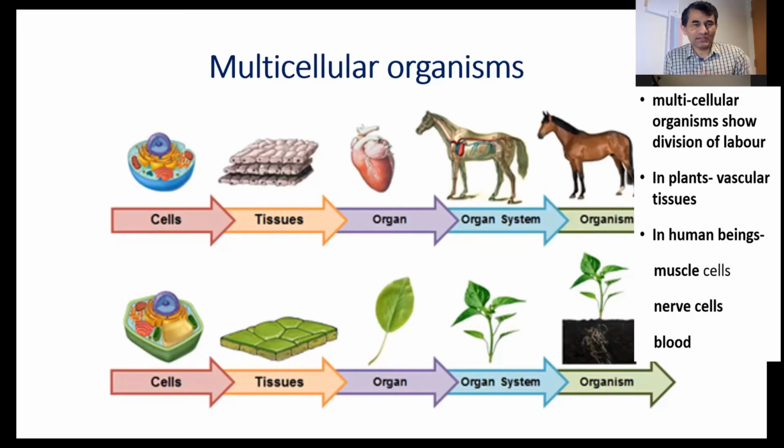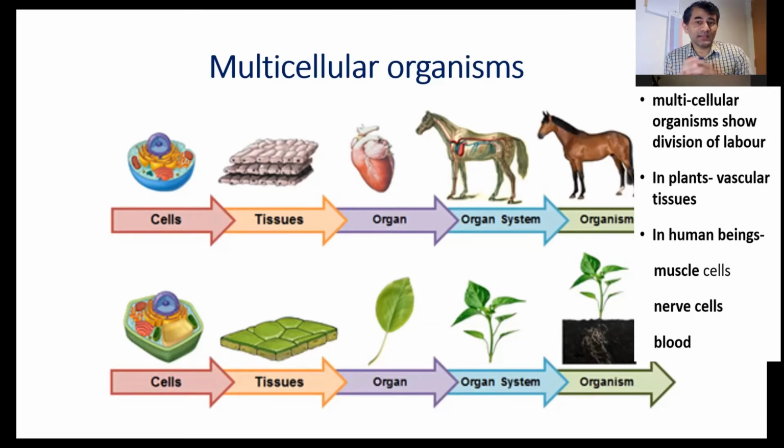You can see on the screen, starting from the left side, the cell, a single animal cell at the top and a plant cell at the bottom. When multiple cells are grouped together, they give rise to tissues. Many such tissues form an organ. When organs are put together with their respective components, parts, they give rise to an organ system.